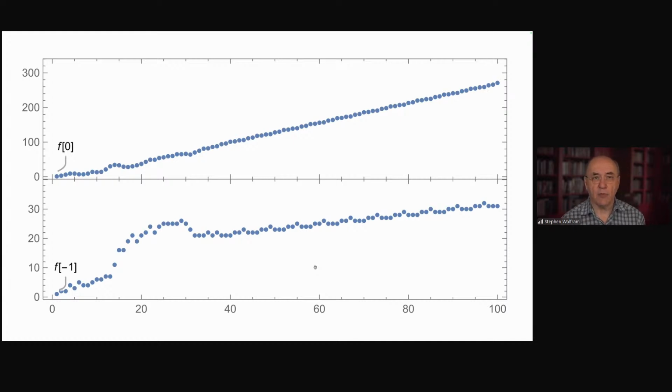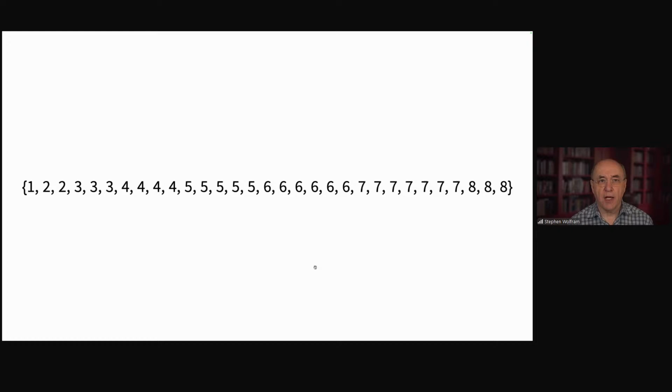And later on, we'll see that the much simpler recursive function P111, that's just F of n is 1 plus F of n minus F of n minus 1, also does this kind of thing. And in fact, that P111 function, the values for that function form a sequence in which the successive blocks of length k have value k.